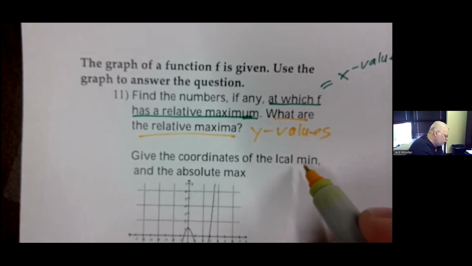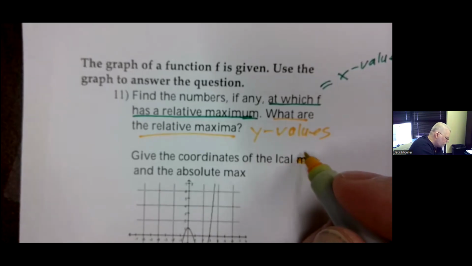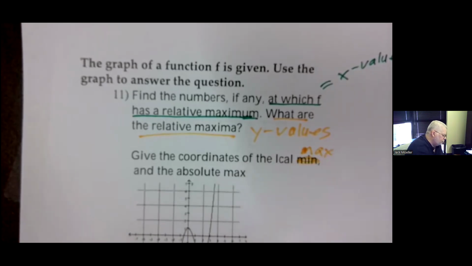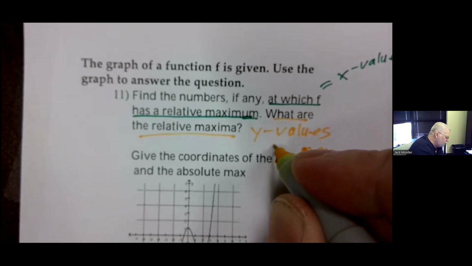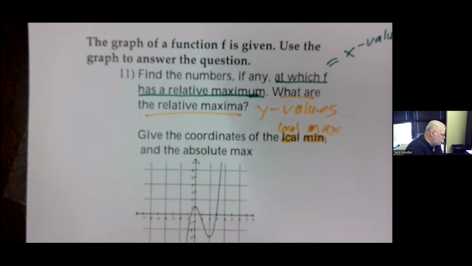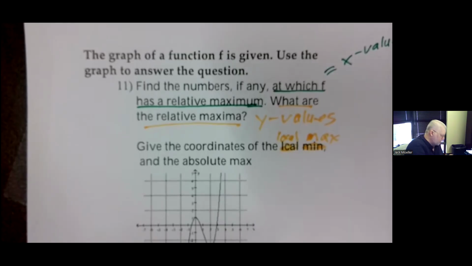All right, which one? I don't know why they said max there. Okay, so we're dealing with just max on this problem. And then when it says give the coordinates, what does coordinates mean?